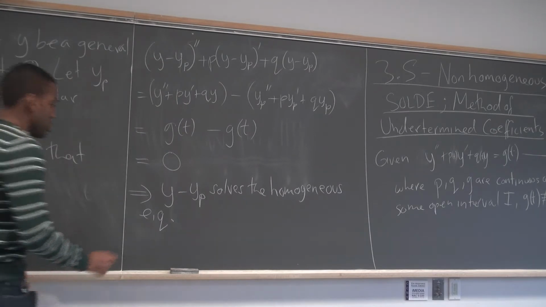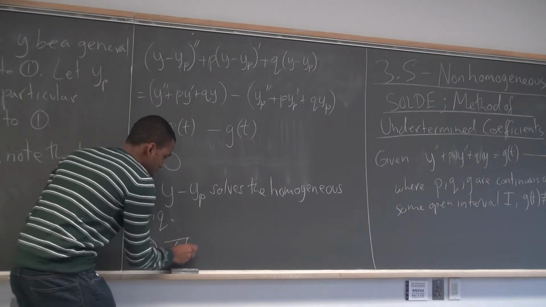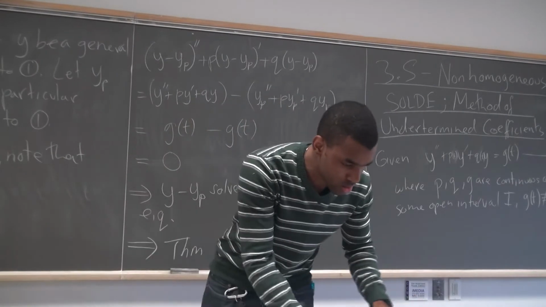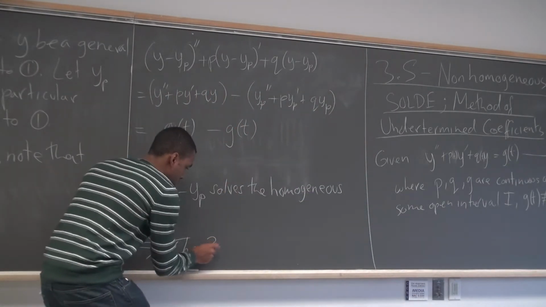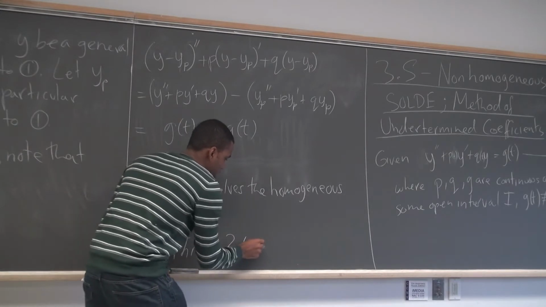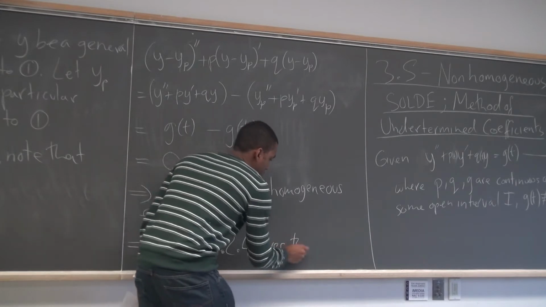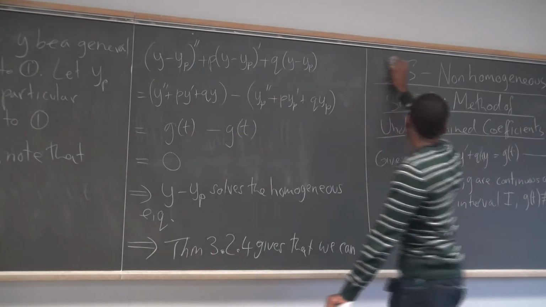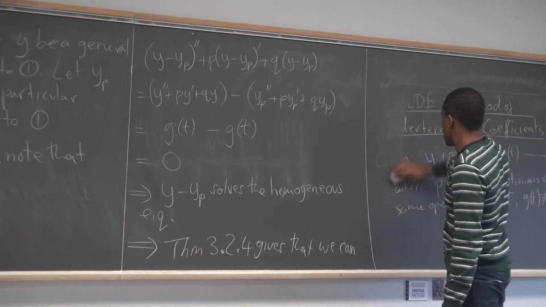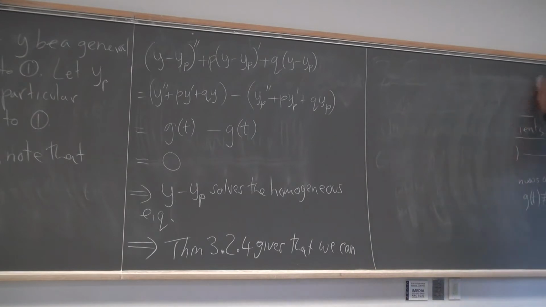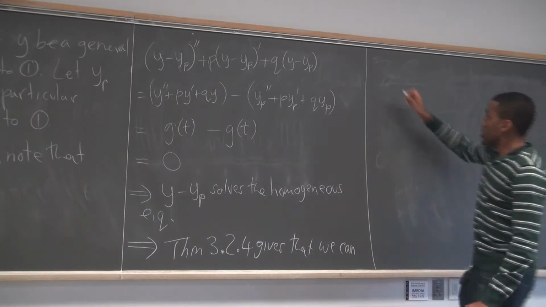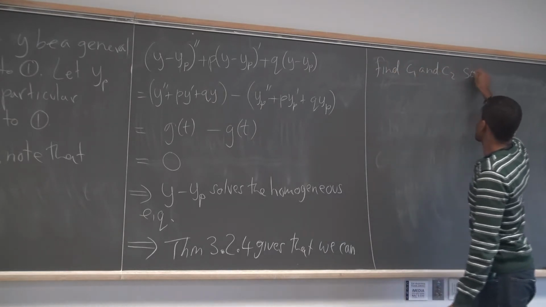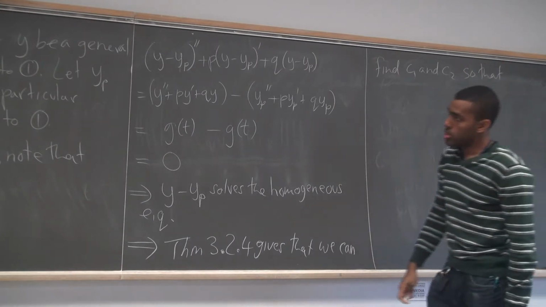this one. Which means, I forget the theorem number, you won't need to know what the theorem number is. Theorem 3.2.4 gives that we can write this.